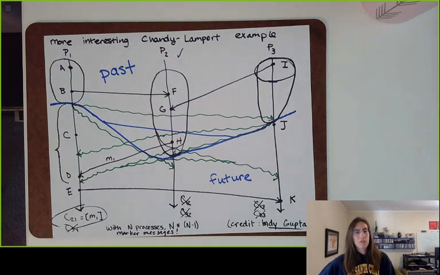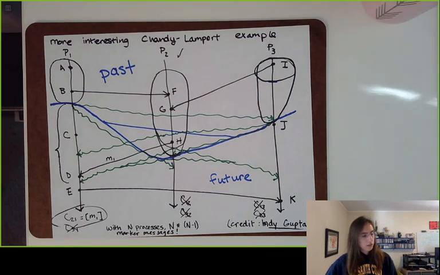And here's one more question from chat. Somebody asks, how would P1 and P2 know their channel is currently in use? I'm not really sure what it means to say a channel is in use, but maybe what you mean is, how do you know if you're recording on a channel? Well, certainly as soon as you snapshot your own state, part of the algorithm is you start recording on all of your incoming channels.